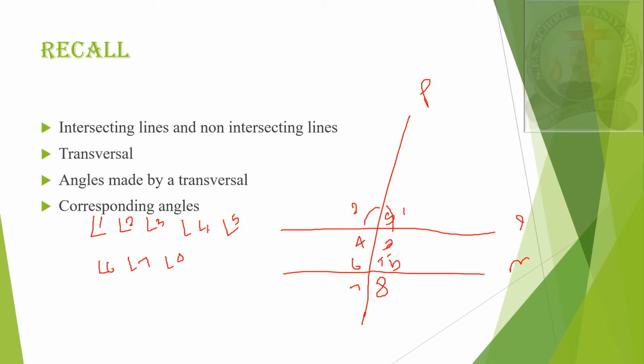How many angles here? 8 angles. Now these 8 angles depend on some conditions and definitions. We can classify them into corresponding angles and alternate angles. First let us learn what the corresponding angles are.